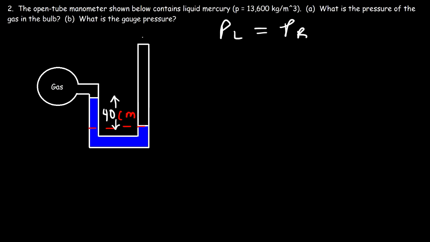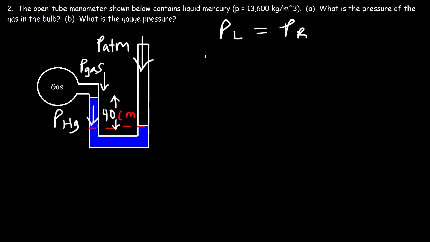So on the right side, we only have the pressure of the atmosphere. On the left side, we have the pressure of the gas, and also notice that we have mercury above the reference level on the left side. So the weight of the mercury above the reference level is also going to exert a downward force, and thus a downward pressure on the left side.